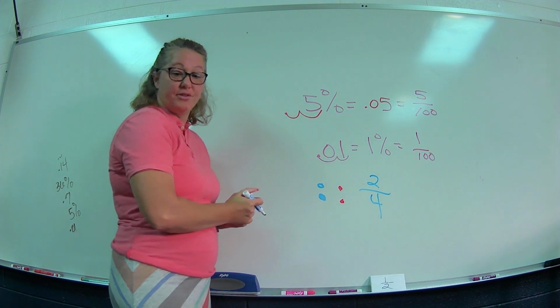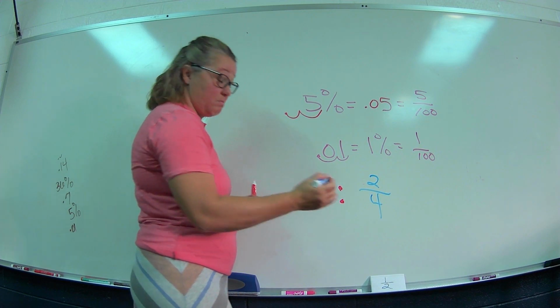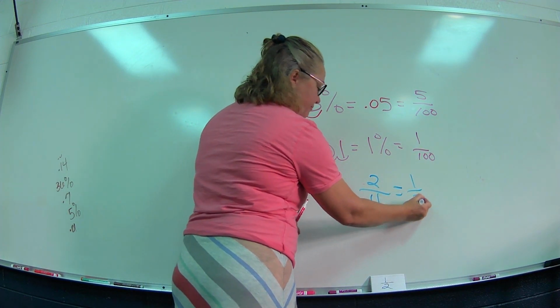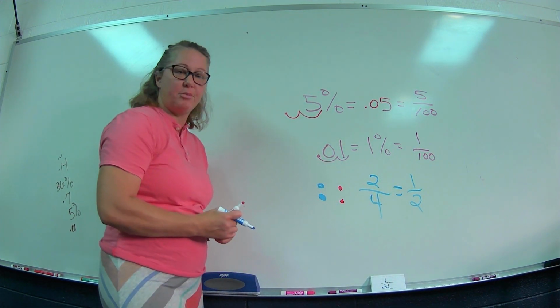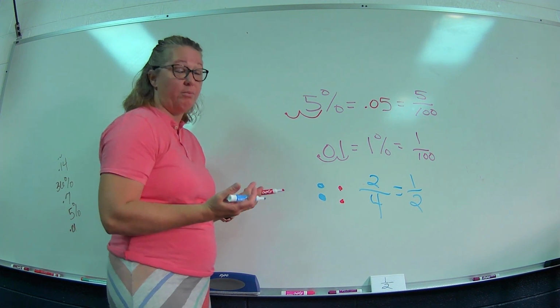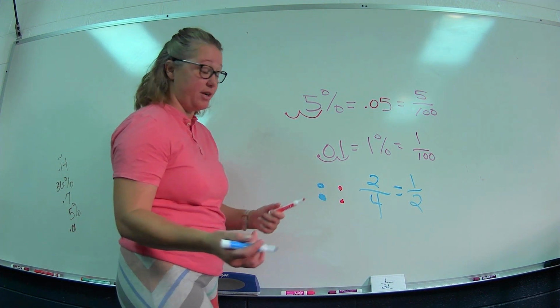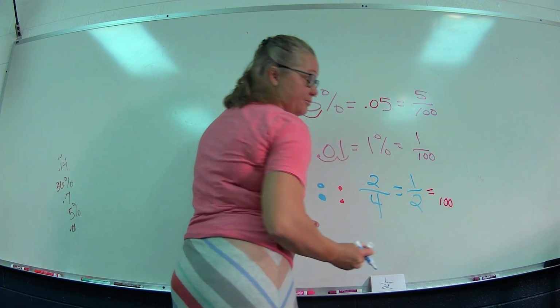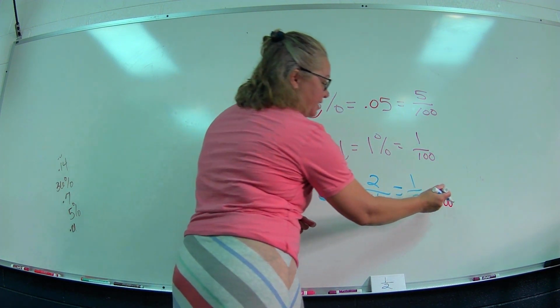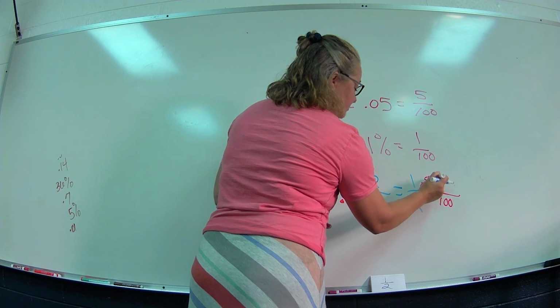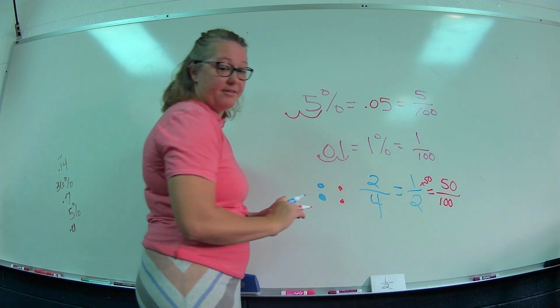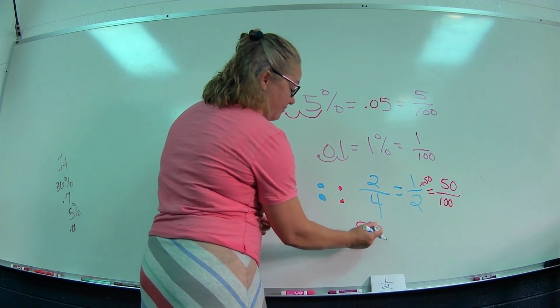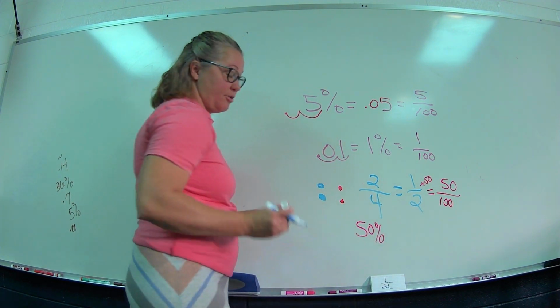And 2/4, if we were to reduce 2/4, gives me 1/2. Well, then I got to think, well, what's the percent of a half? Well, percent's out of 100. How many times does 2 go into 100? 50 times. Very good. So I get 50 out of 100, which means I have 50%.